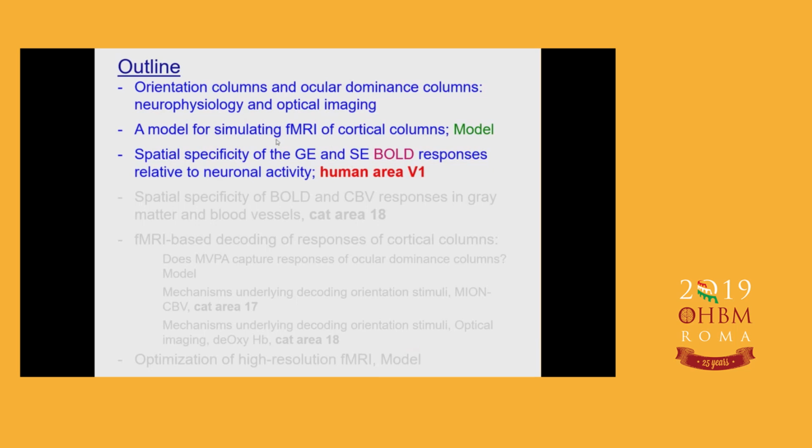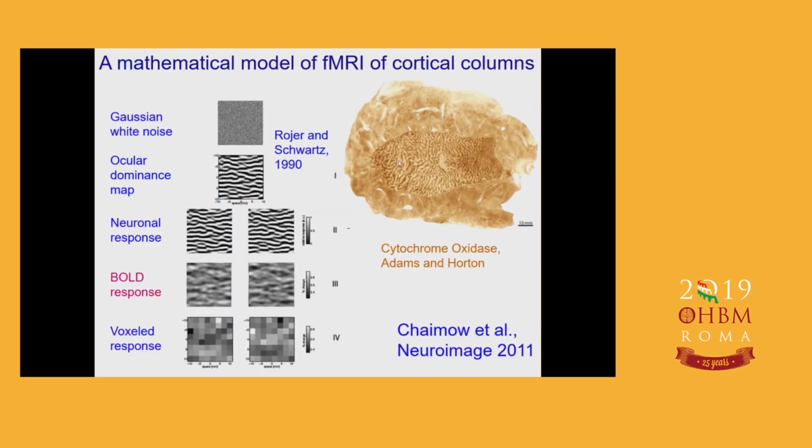Now I'll present a model for simulating fMRI of cortical columns. And using the model, I will estimate the spatial specificity of gradient echo and spin echo BOLD responses relative to neuronal activity. So here's the model devised by Denis Chaimov.